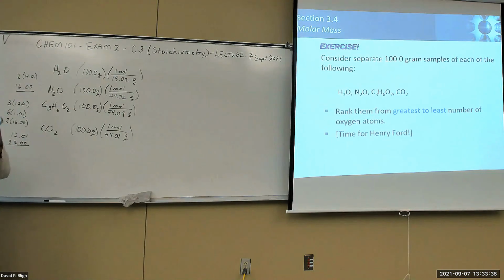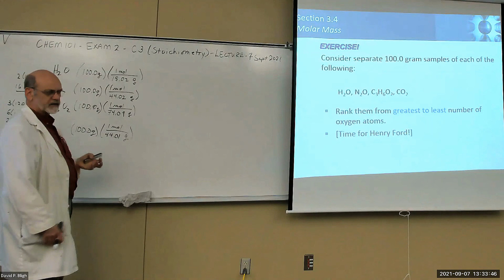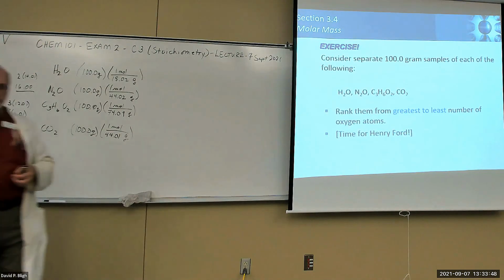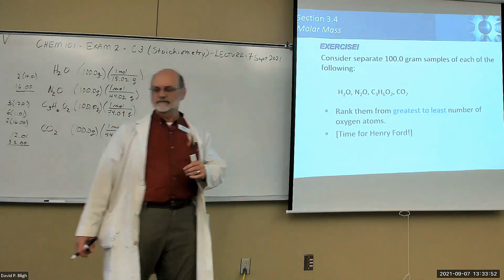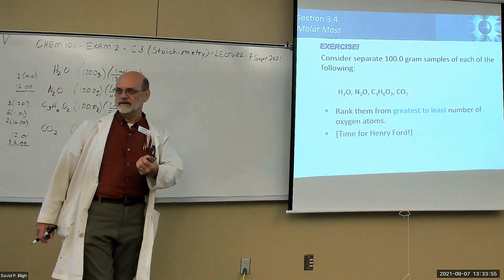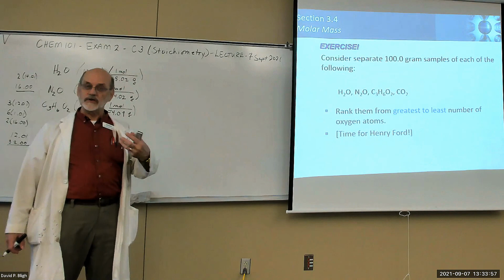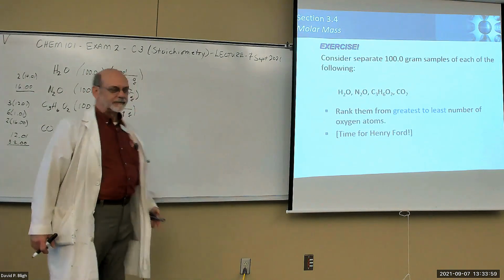If you know the number of moles of oxygen atoms for each one, then you don't need the absolute amount of oxygen atoms. You just need to know the moles of oxygen. It's kind of like using scientific notation. It's a large unit, so you can use small numbers.